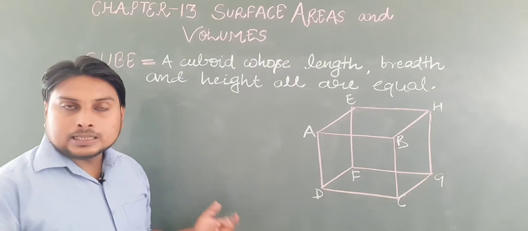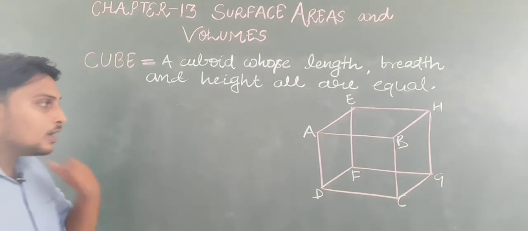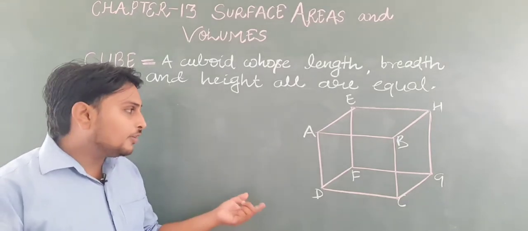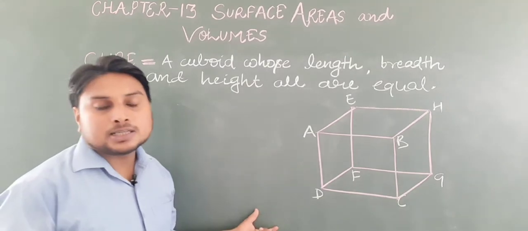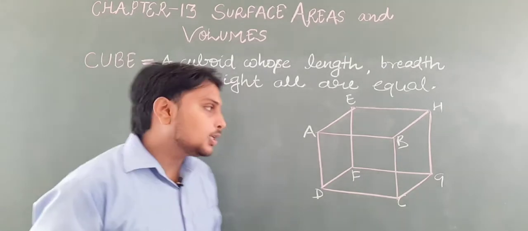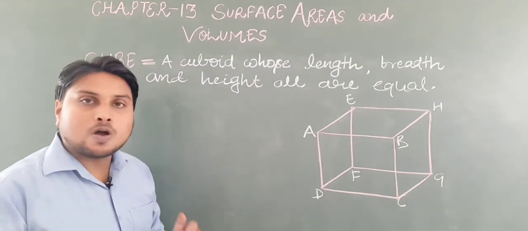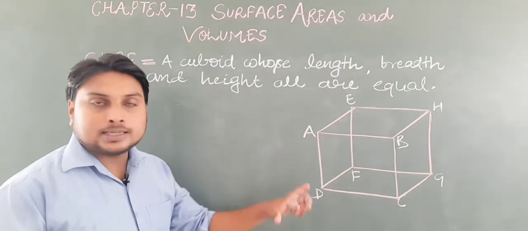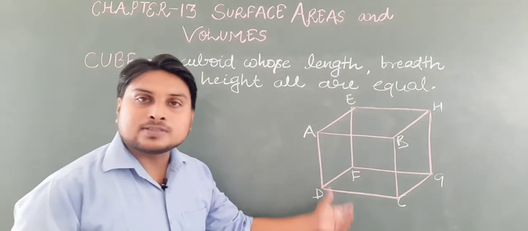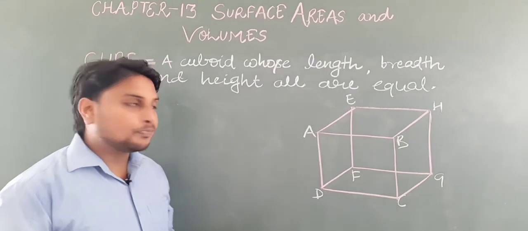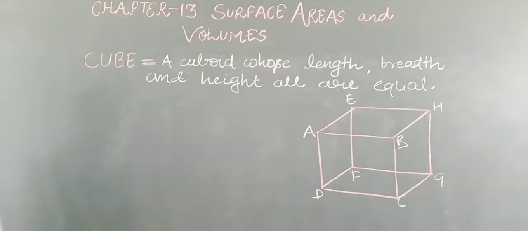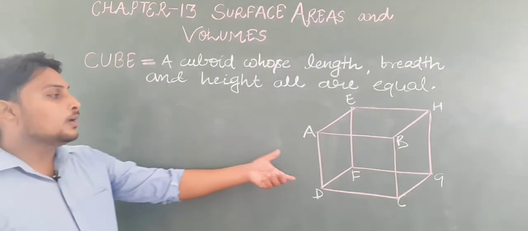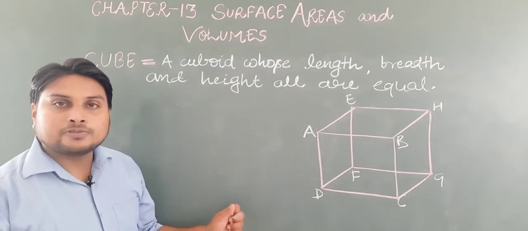As we have studied in cuboid, the number of edges, the number of vertices, the number of faces, the number of diagonals, all are exactly the same as we have seen in the cuboid. Only the difference is that here all the surfaces are in the form of square.